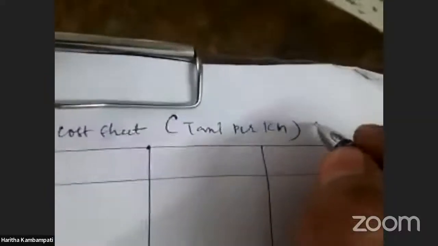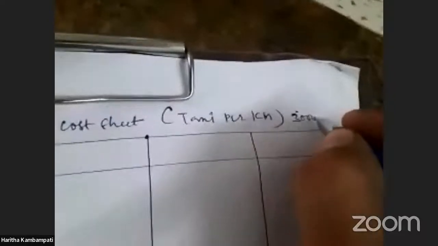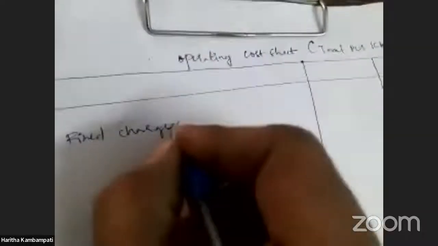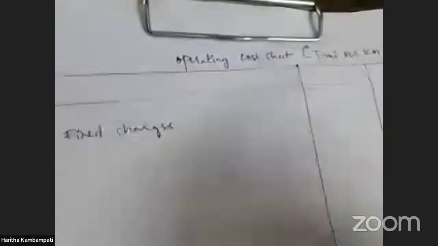How many kilometers are they running? Each taxi is 3,000 kilometers. First, let us take fixed charges. Let us take one by one.